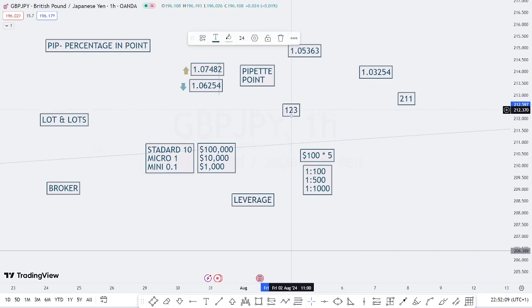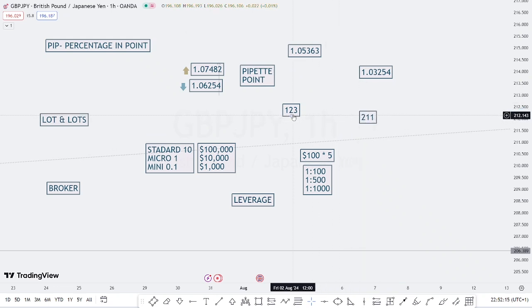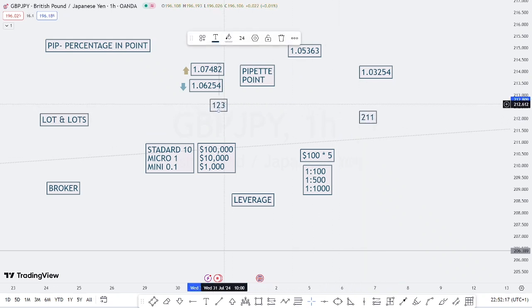Remember we have this 1, 2, 3 as peak. If you are using one standard lot on this and you made about this kind of peak, then 10 times this number gives you the amount of cash you made.